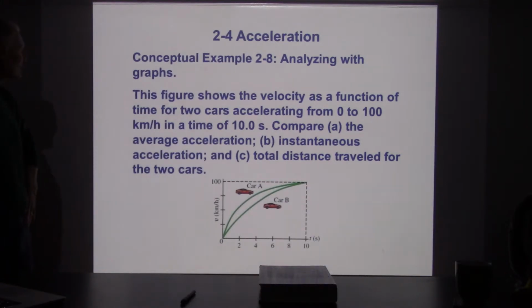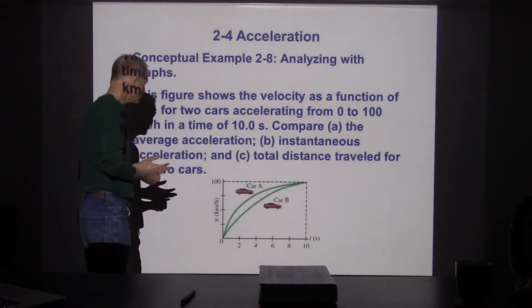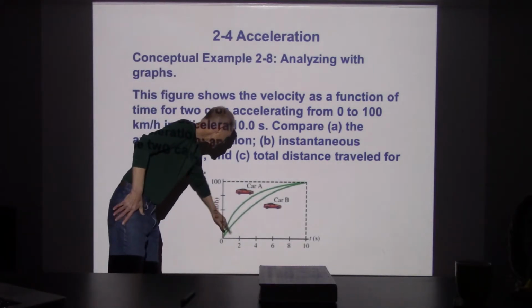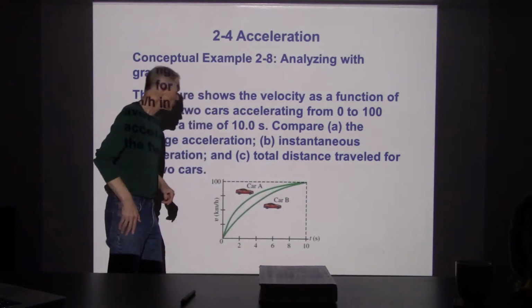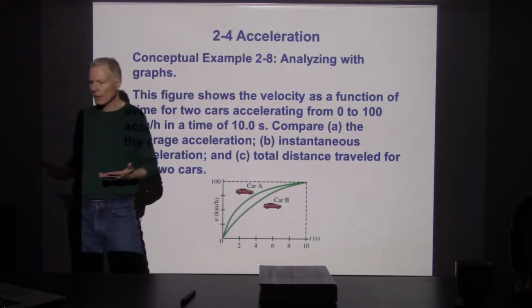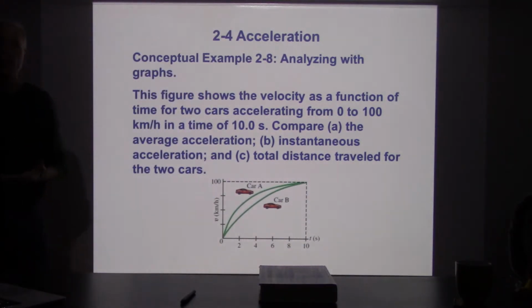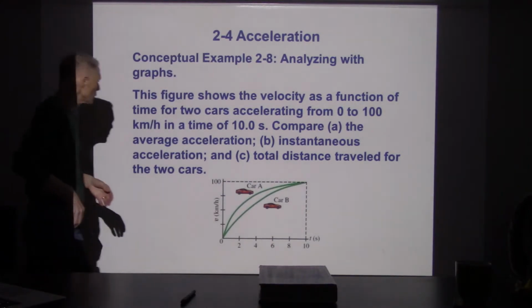What about instantaneous accelerations? The instantaneous accelerations are different, right? Compare. And so the instantaneous accelerations are just what we talked about: the slopes, on a v versus t graph. So the instantaneous acceleration will come from looking at the slope at different locations.